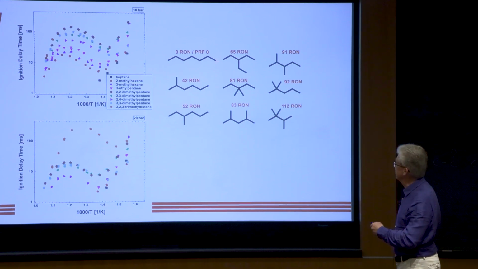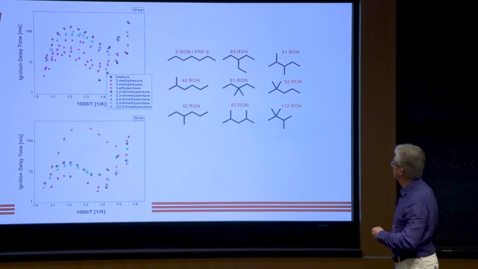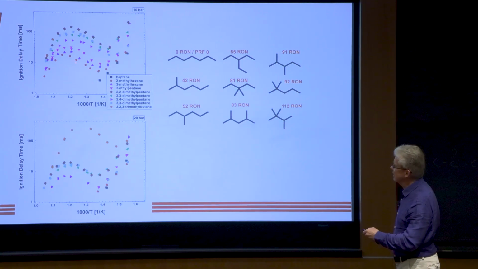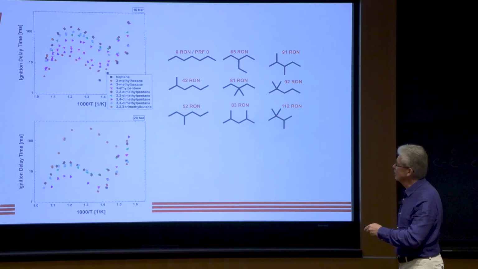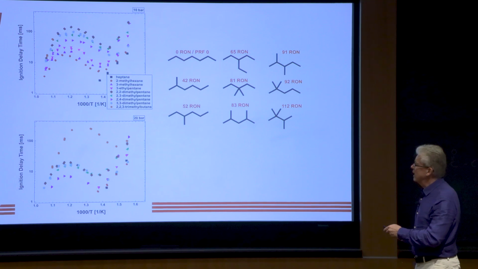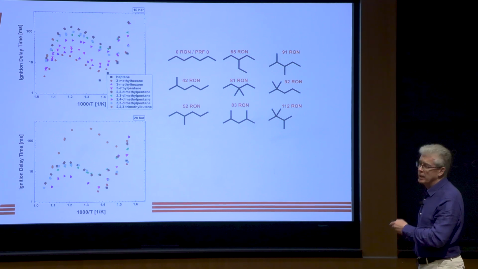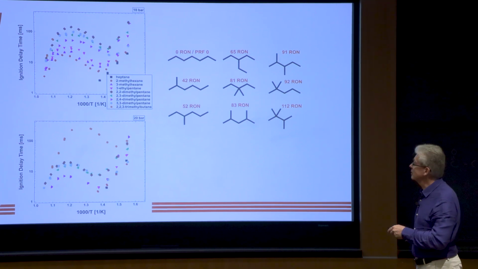Okay, but you can see that the 2- and the 3-methylhexane, the red dots and the blue dots, have octane numbers of 42 and 52, which are the lowest, and you can see that they're the fastest to ignite among all of these other species. So you can see that the reactivity is decreasing with increasing octane number, right?